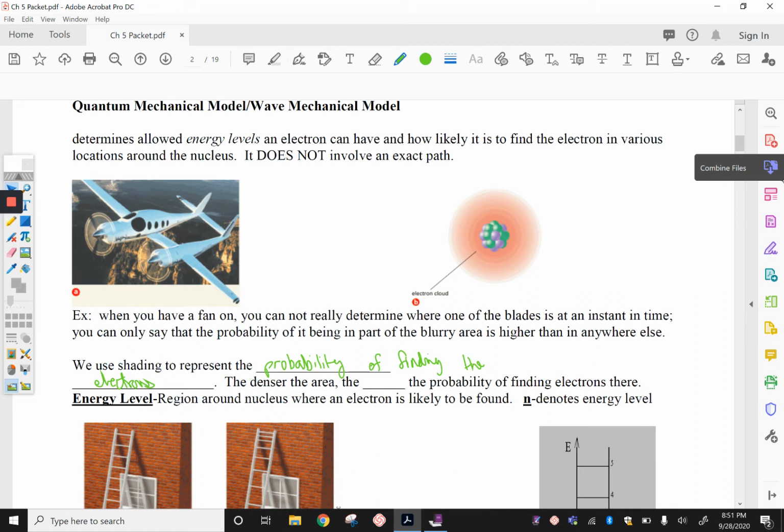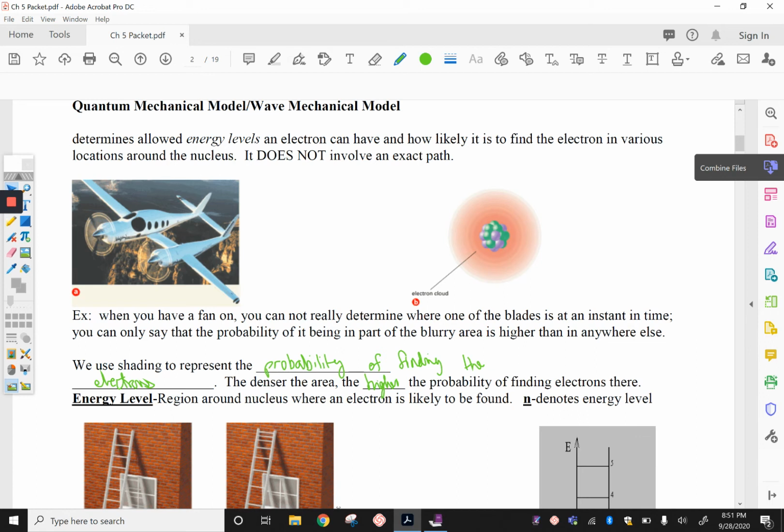The denser the area, the higher the probability of finding the electrons there. The areas where there's dark shading, where there's a high probability of finding the electron, those are what the orbitals are. Orbitals are basically high probability areas where there's a high probability of finding the electron.